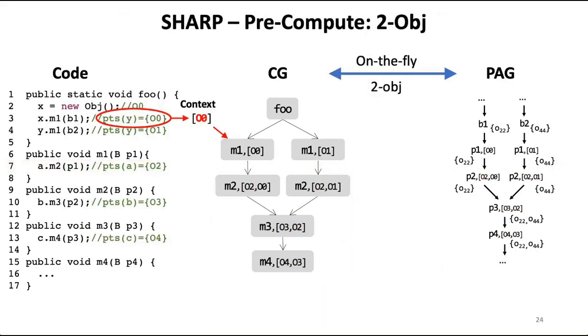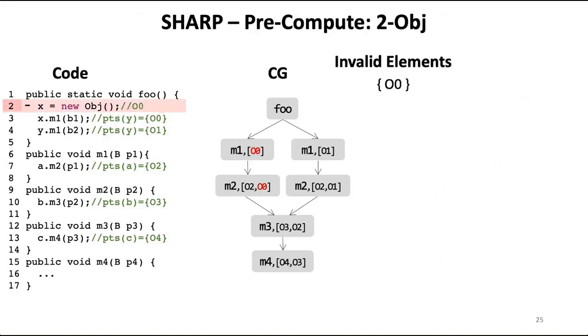The rules to identify invalid context elements for k-CFA also work for k-object sensitive, where methods are distinguished by their receiver objects. After deleting the object allocation on line 2, we confirm the invalid context element is O0.